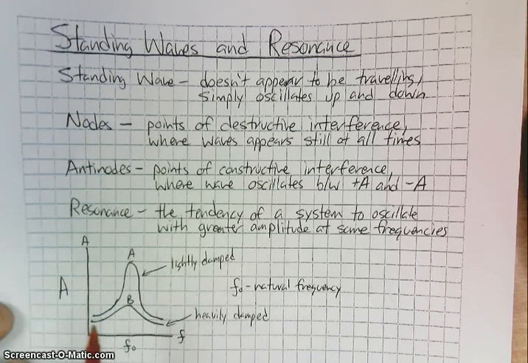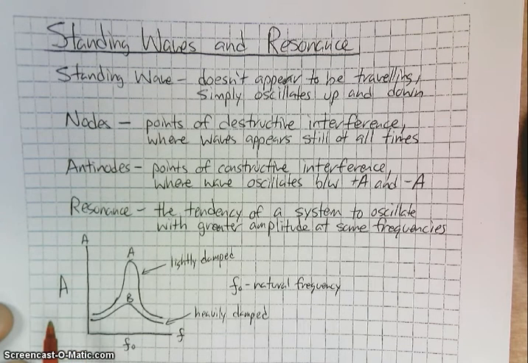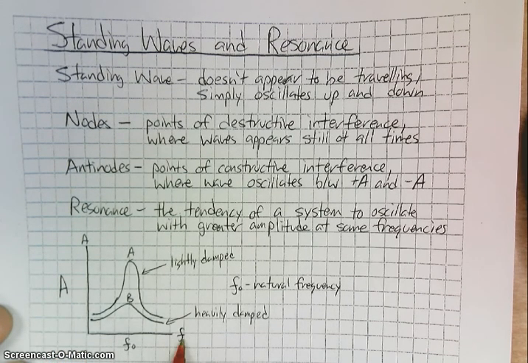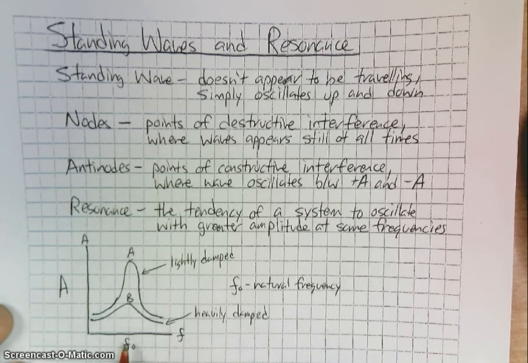So I've got a little graph here, and this is something that pops up with IB students quite a bit. They'll show you the amplitude versus frequency, where the natural frequency is here in the middle. So if this was a bridge, this would be the frequency at which the bridge would start oscillating. Not a good thing.